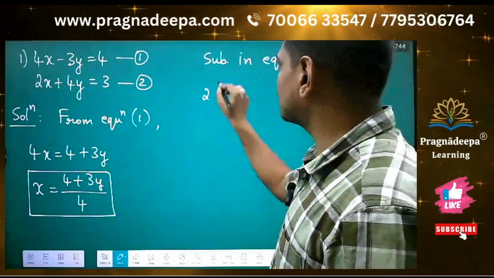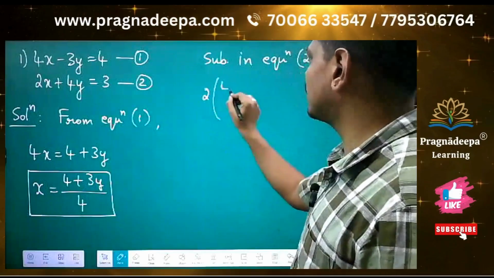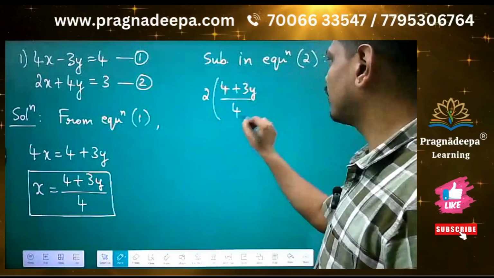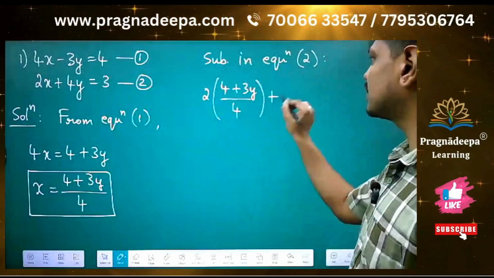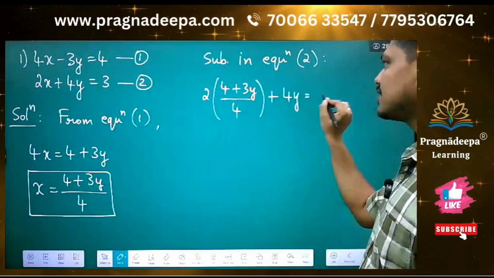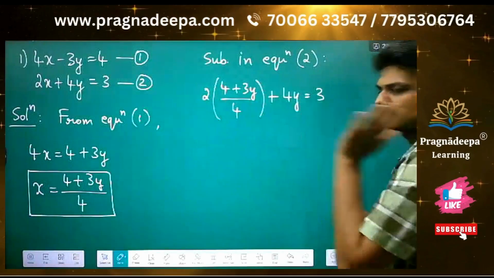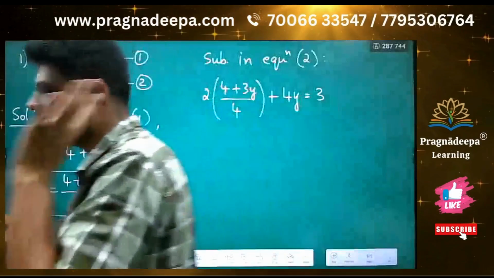So 2 times x, in the place of x, see: 4 plus 3y by 4 plus 4y is equal to 3. See, I have just substituted in the place of x. I have not simplified, students. Now I will simplify in the next step.